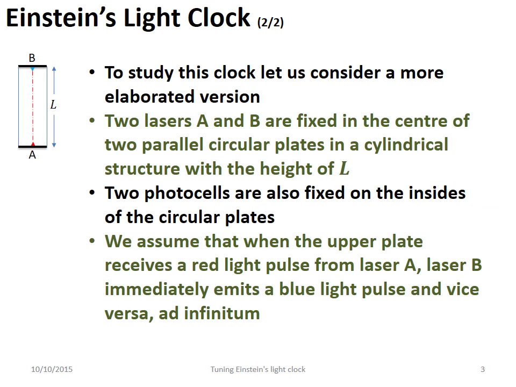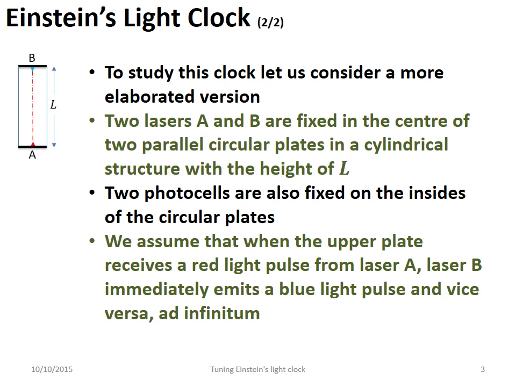To study this clock, let us consider a more elaborated version. The reason for this elaborated version is to be able to add a counter which I use at the end of this talk. The clock consists of two lasers A and B which are fixed in the center of two parallel circular plates in a cylindrical structure with the height of L. Two photocells are also fixed on the insides of the circular plates.